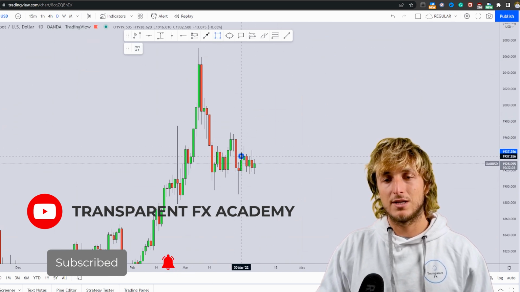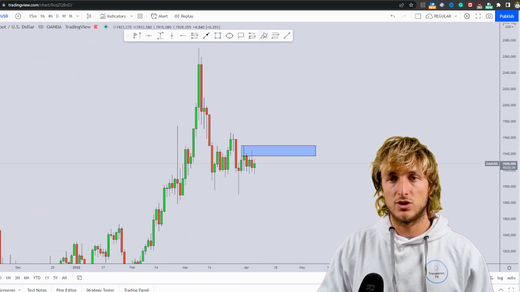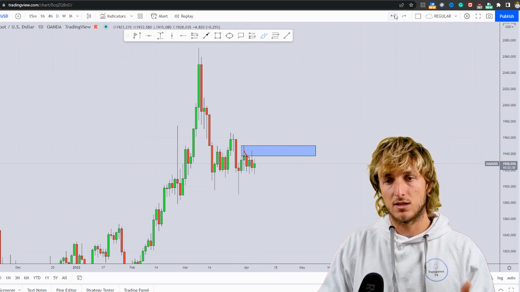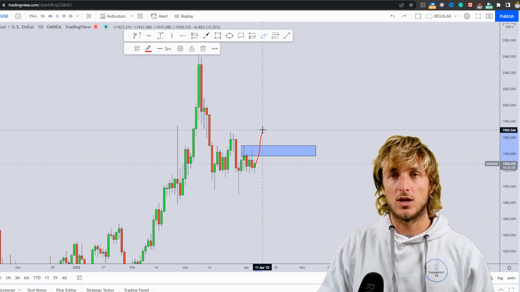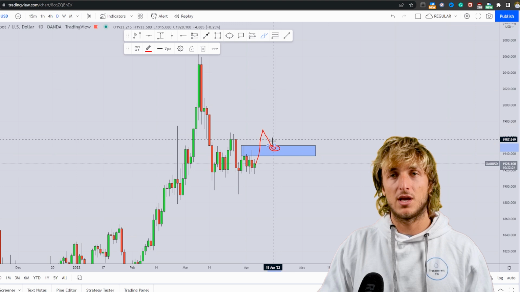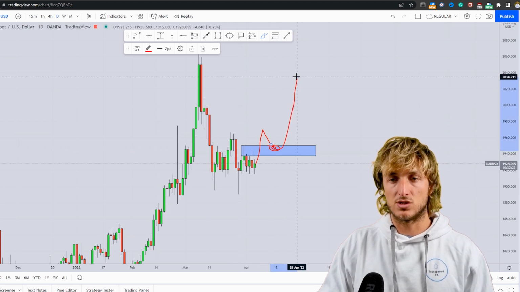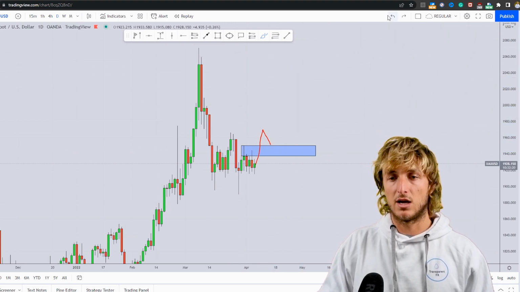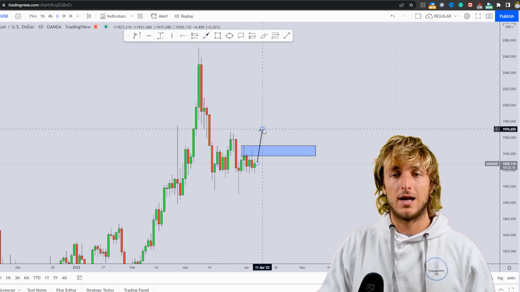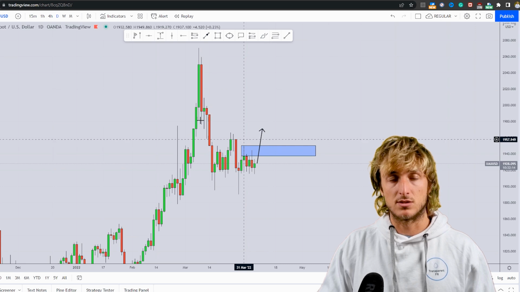If we have to identify the high of this accumulation, it would be this one here, which at the moment is acting as resistance, but if the market manages to break it to the upside, that previous resistance would be turned support. And after a break on the retest of the previous resistance turned support, we could expect a rejection higher. So it's very important to wait for the market to actually break above this resistance.